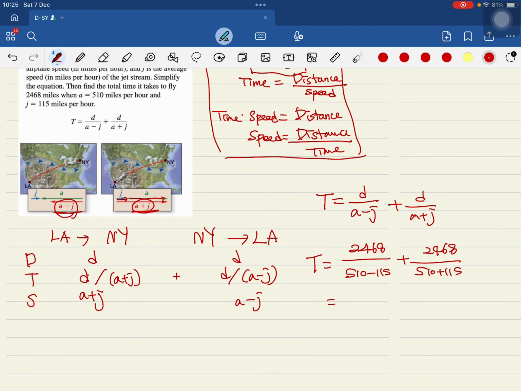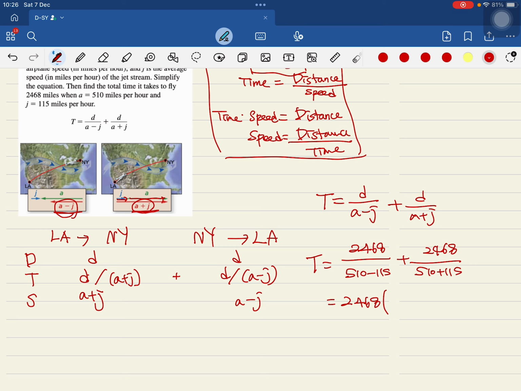Because this is a complex calculation by hand, but we need to do it by hand, I'll take out 2,468 before my calculation.